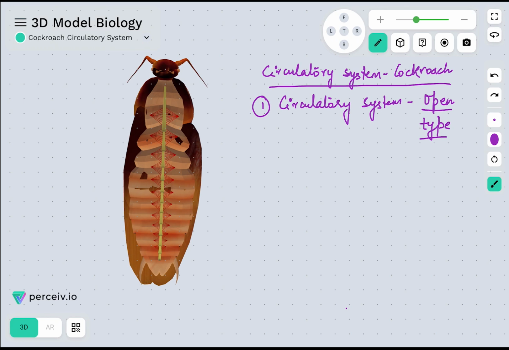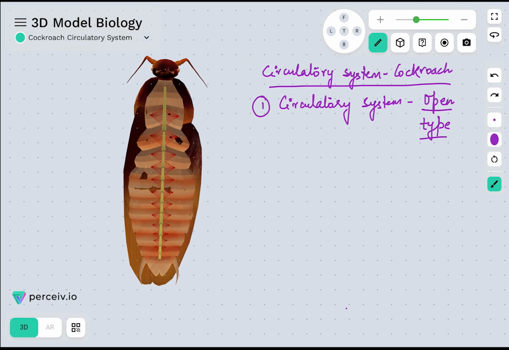Open type of circulatory system basically means that the blood is pumped directly from the heart, and the tissues and the organs present in the body are directly bathed in the blood.